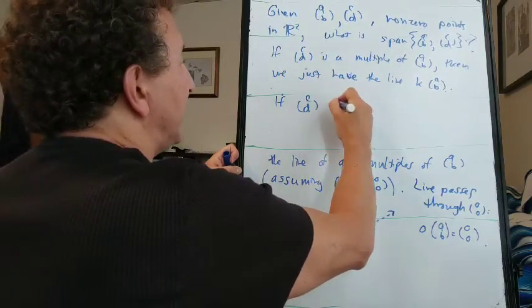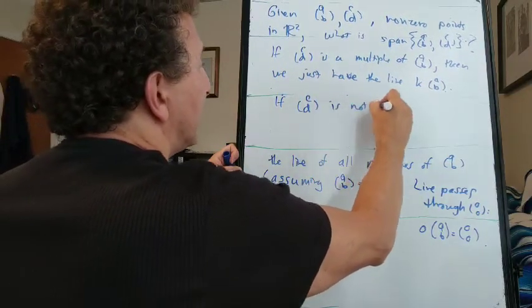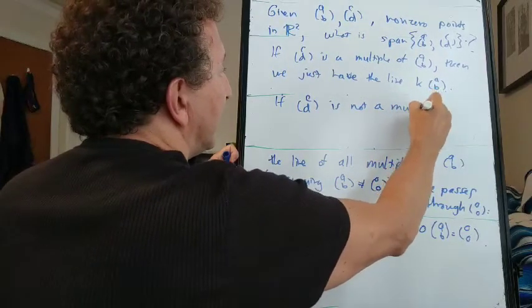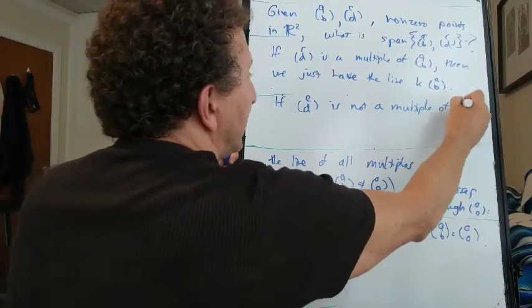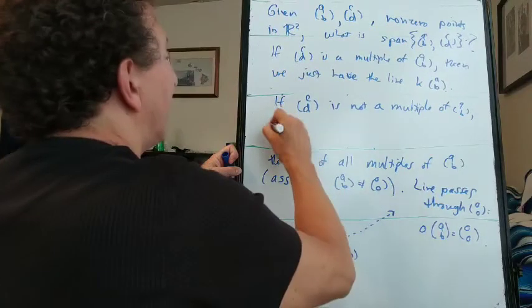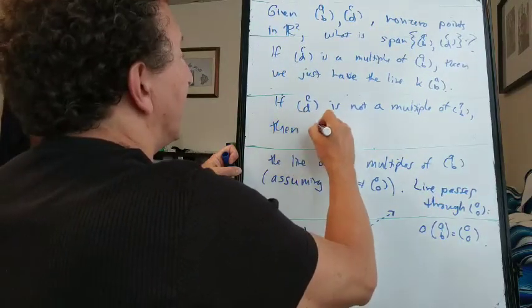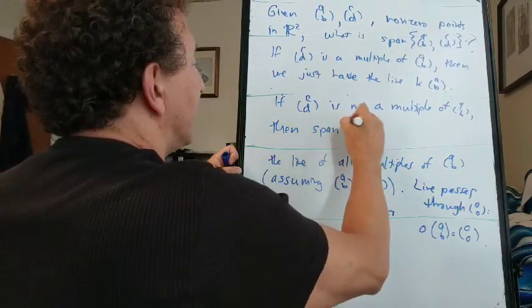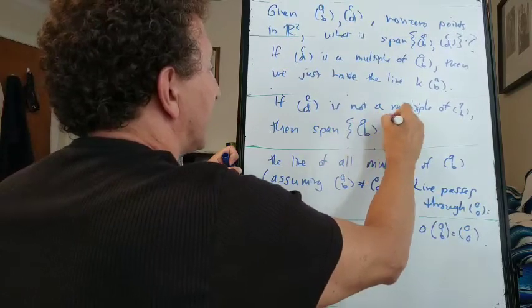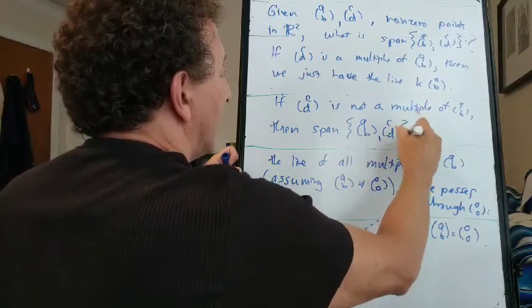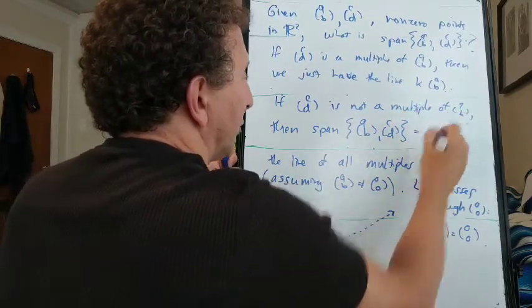Now I claim that if (c, d) is not a multiple of (a, b), then the span of these two vectors is all of R2, the whole real plane.